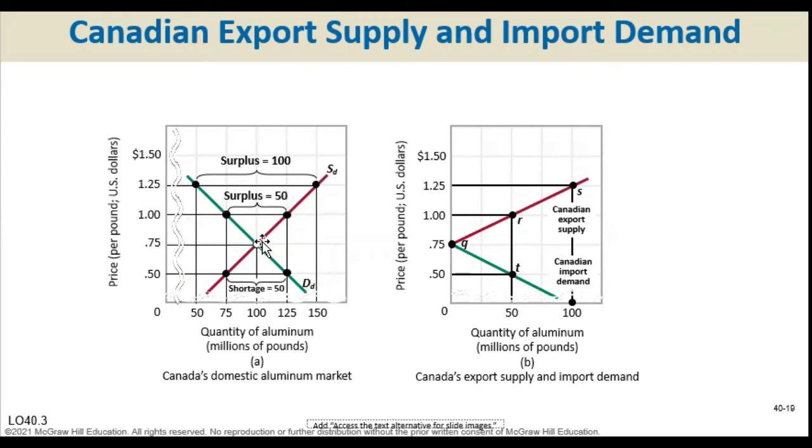Whenever the world price is above the domestic price, that will create a surplus that the country can export. And if the world price is less than the domestic price, it will create a shortage, right? So this segment of the demand will represent the import demand for Canada, and this will represent the export supply for Canada.